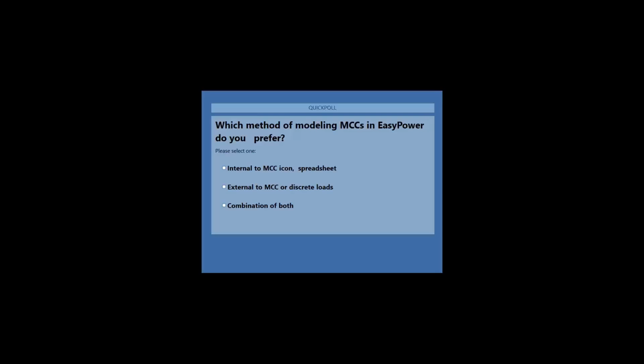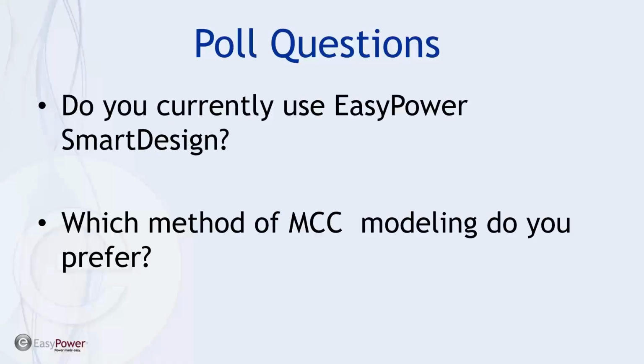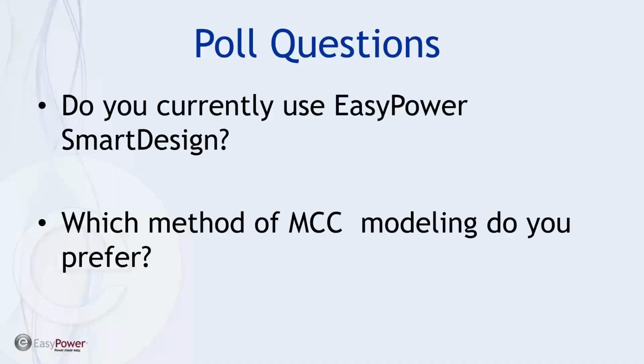And the alternative, when you do it discretely, whereas you would get individual labeling capabilities, you can end up eating up a lot more buses or node count as far as the tool itself. Okay, so it looks like we've got a quorum here. Here's how people have responded. And as I suspected, a lot of people will do both based upon what they're trying to emphasize as far as the study itself. Well, good. Thank you for sharing that.